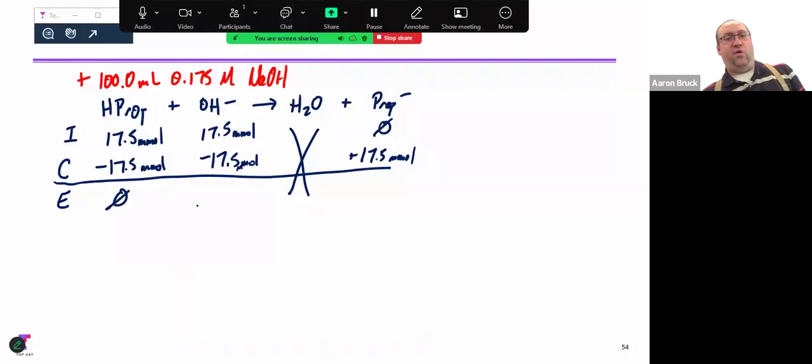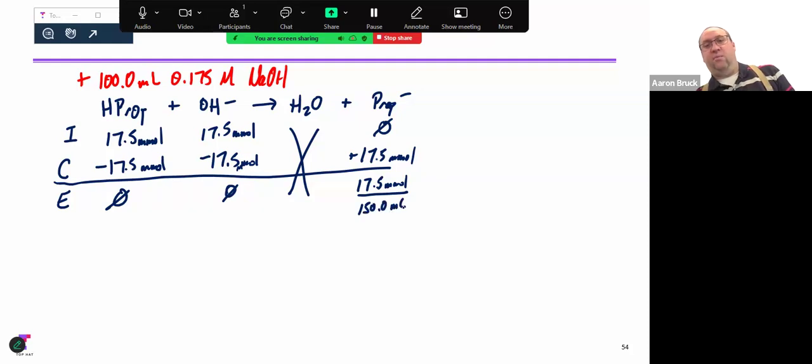Subtracting out, I have no propanoic acid. I have no free hydroxide. I only have 17.5 millimoles of the propanoate, the conjugate base, and that is now floating around in 150 milliliters of solution. So our concentration of the conjugate base at this spot is 0.117 molar.